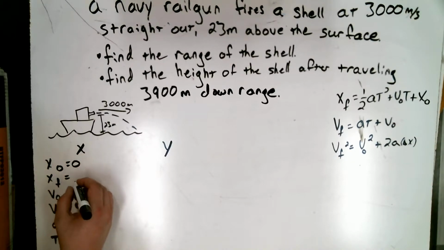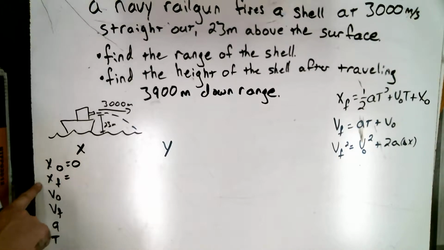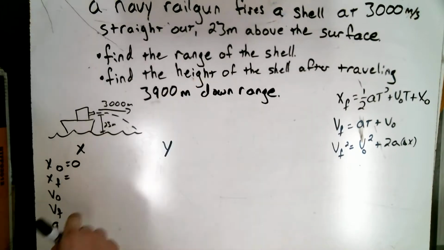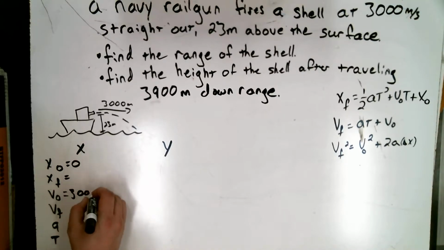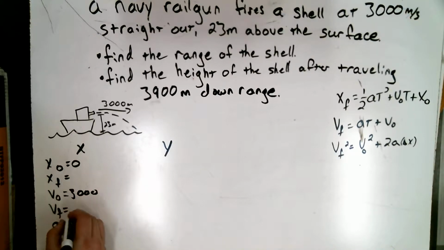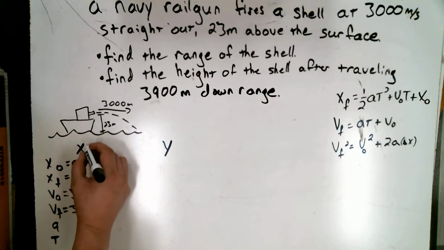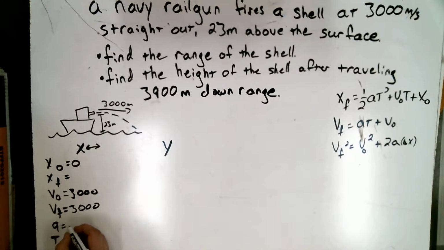I don't know where I end because x final is what we call range. My original speed is 3,000. My final velocity is still 3,000 because we are going this way, and I know this because my acceleration is 0. This is horizontal acceleration. There's nothing going this way. And we don't know the time.